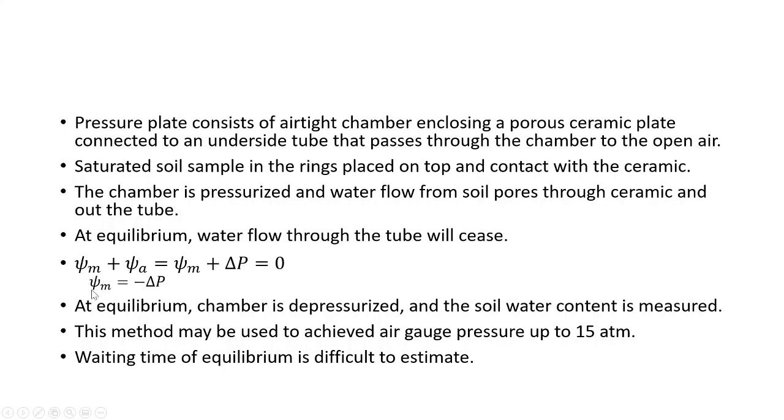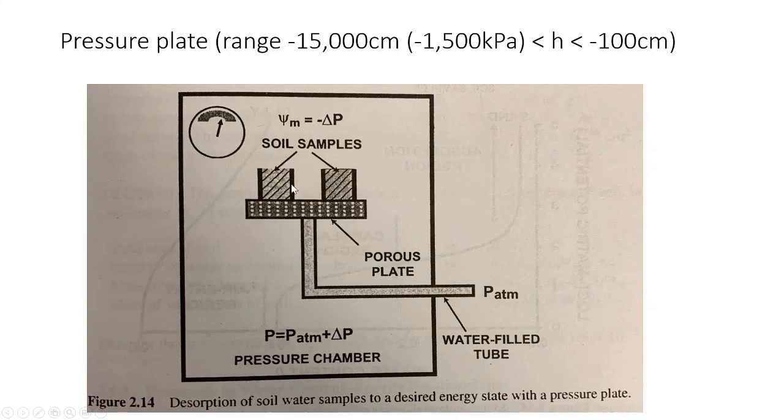In this case, matric potential equals negative change of pressure. At equilibrium, the chamber is depressurized, that is, the pressure is reduced back to atmospheric pressure, and then we open the chamber, take out the soil sample and measure the soil water content.